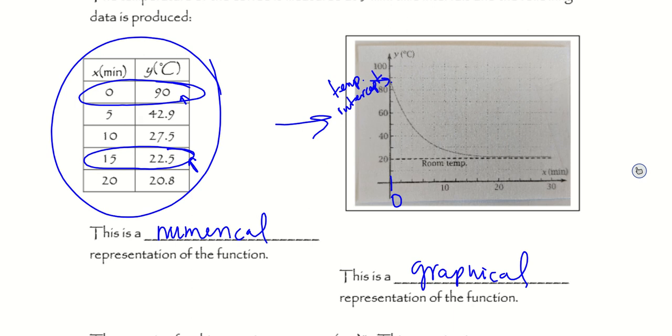Our temperature is our y variable. We have a dotted line here. This is not a part of our graph. Our graph is this curve, but the dotted line is an asymptote, which is at room temperature and shows that the temperature of that coffee decreases, right, getting closer and closer to room temperature.